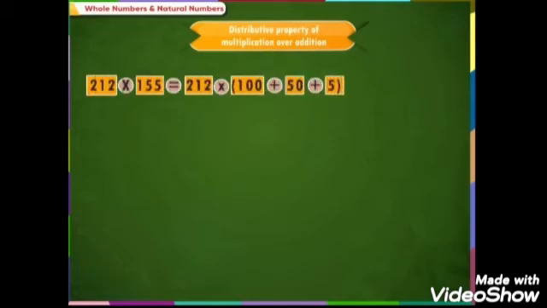We can break the number 155 into three parts as 100, 50 and 5, which we can write inside the bracket.